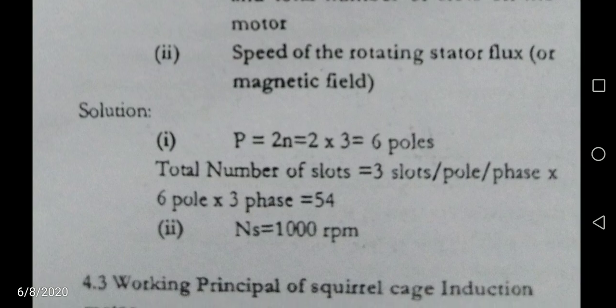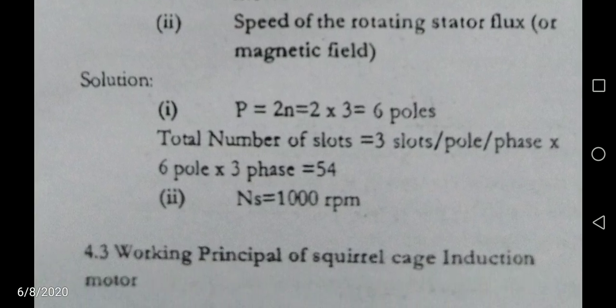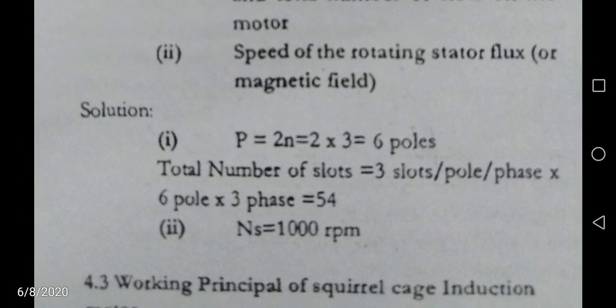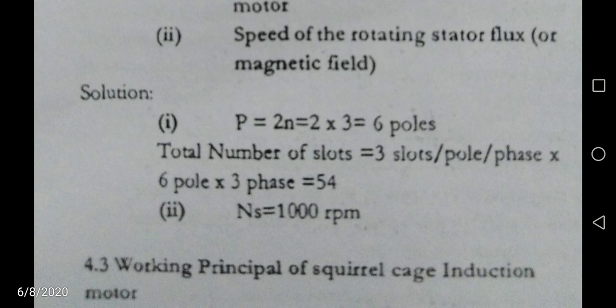Total number of slots equals 3 into slots per pole per phase, so 6 into 3 into 3, that is 54. And the speed of the rotating stator flux, Ns, equals 1000 because of 6 poles.